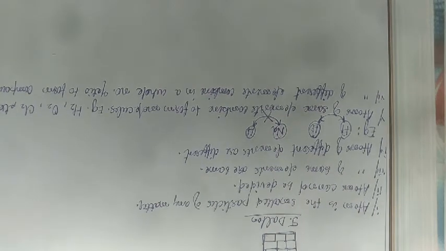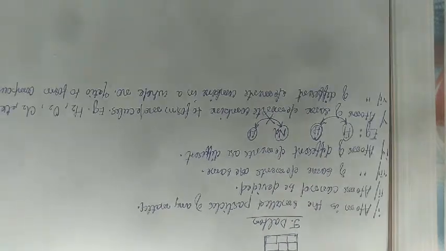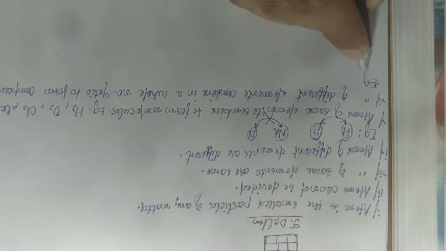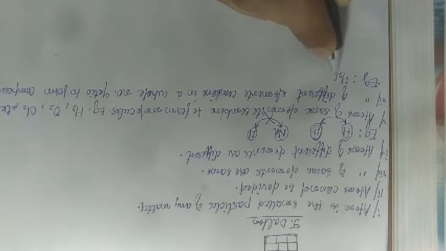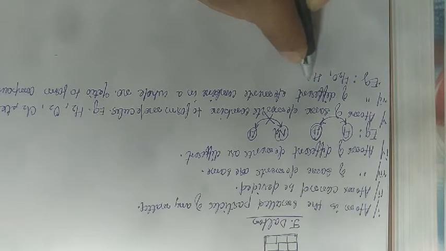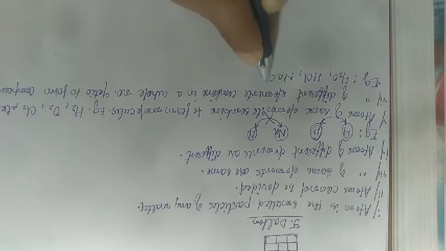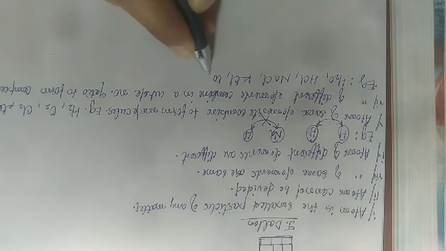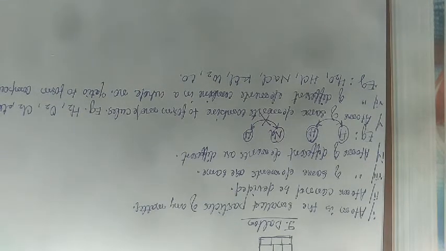Just like example, you can take the example like H2O, HCl, NaCl, KCl, CO2, CO. These are examples of compound. So these are some of the basic postulates given by John Dalton regarding the structure of atom.